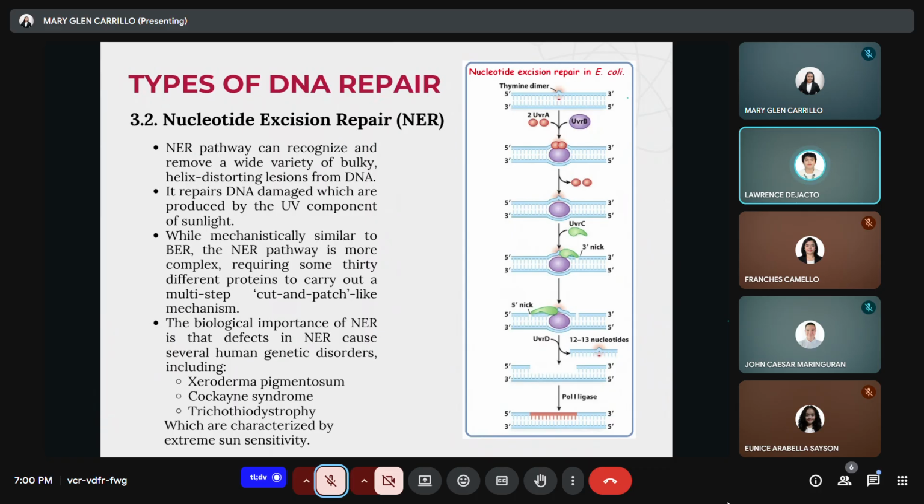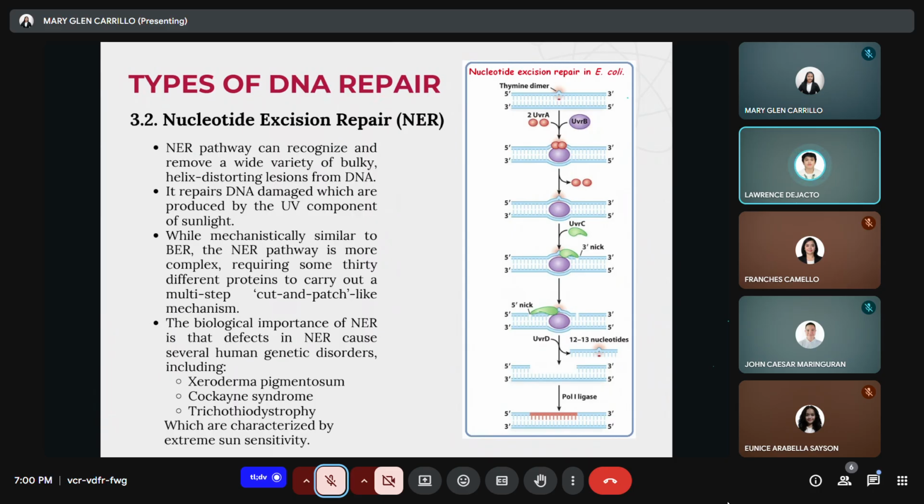The UVRA and UVRB complex attach at the distortion site. Then UVRA will dissociate. The UVRB attracts UVRC and nicks 5 nucleotides at the 3' side of DNA, while a nick 8 nucleotides away at the 5' side of DNA will be produced by the UVRC subunit.